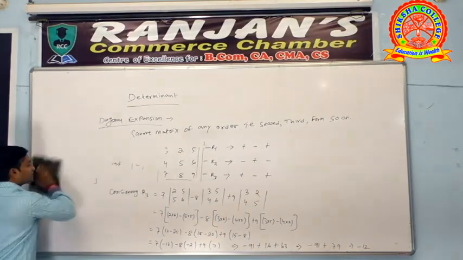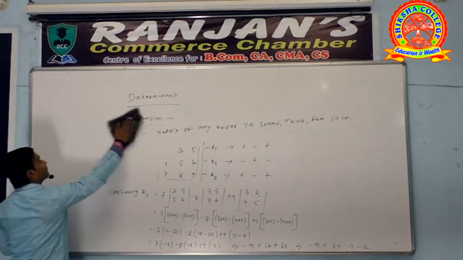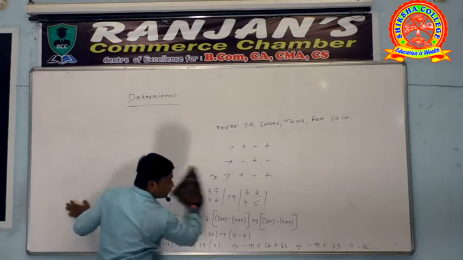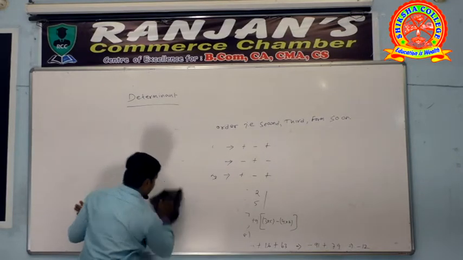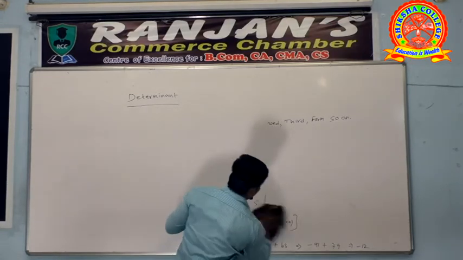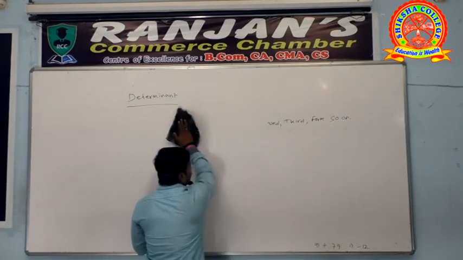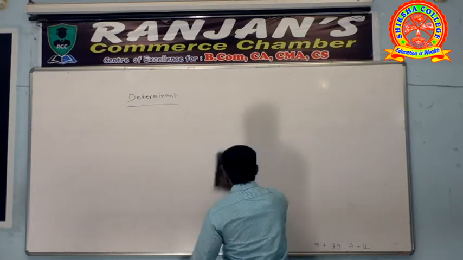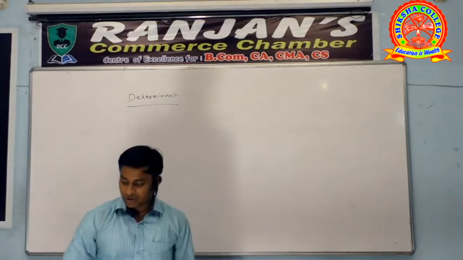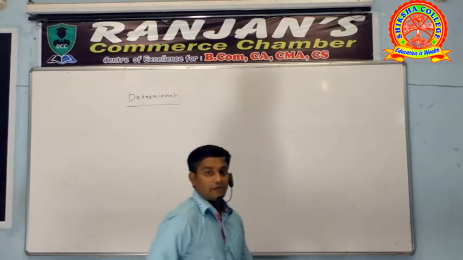Now students, the next thing, we move on to minor and cofactor of a determinant. How to find the minor, what is minor and what is cofactor, and how to find those minor and cofactor.